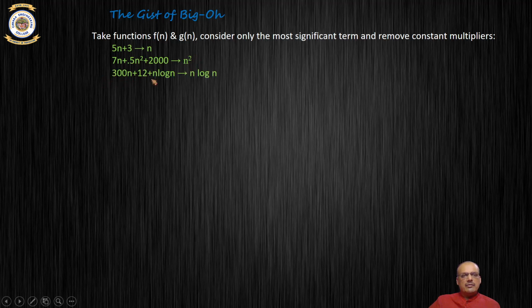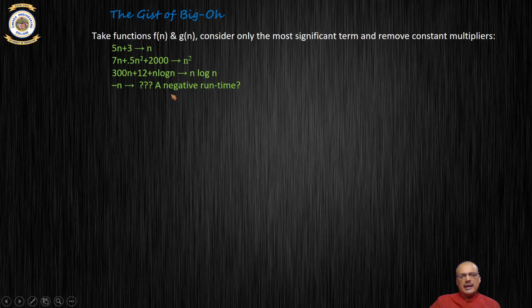Similarly, for this algorithm, which has a time complexity of 300n plus 12 plus n log n, we say it has a big O of n log n. So your g of n here is n, here g of n is n square, and the g of n for this algorithm is n log n, for some values of c which need to be determined.